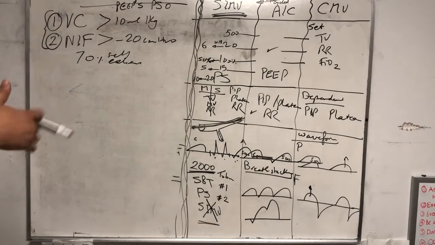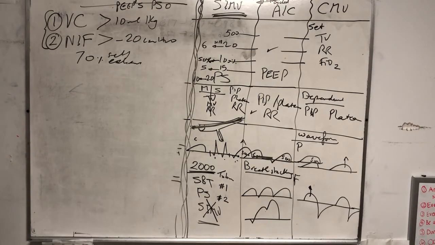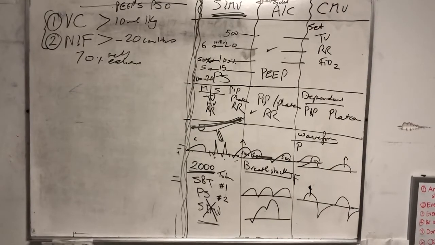A 70-pound resident passing by is gonna tell me, take the deepest breath you can, and I'm gonna take the deepest breath I can? No, I'm not gonna breathe. I'm just gonna go opposite of what she's saying, right? The point I want to make is that this is patient effort dependent. So we don't want patient effort dependent.